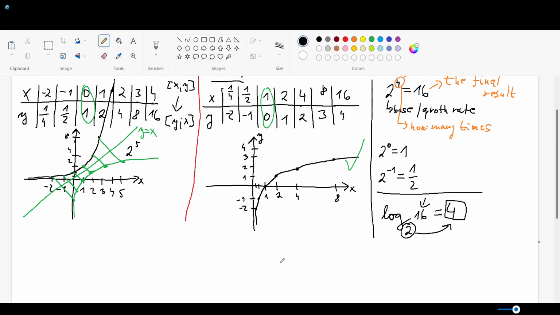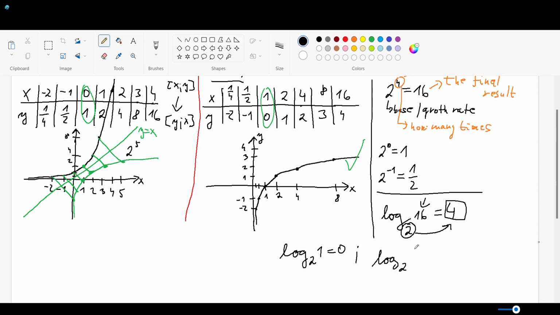Again the same example: log base 2 of 1 is equal to, how many times did we double number 2 to get the same size? Of course we did nothing, so the result is 0. Log base 2 of 1 is 0, and we can do the same thing.